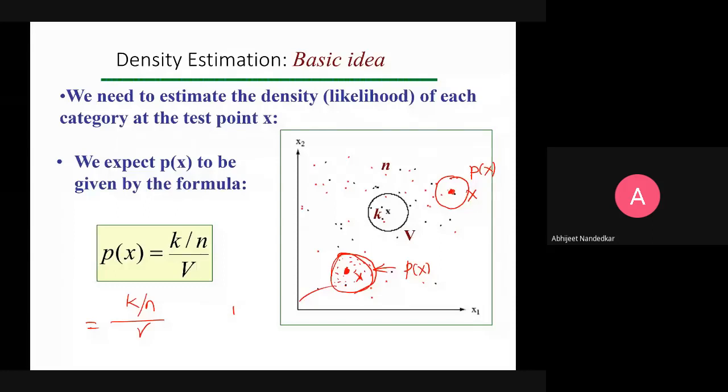So I take this sample, which is x of our interest, and then count how many samples fall in this particular window, divided by n, then by the volume of this particular window. So that is the way of doing it.